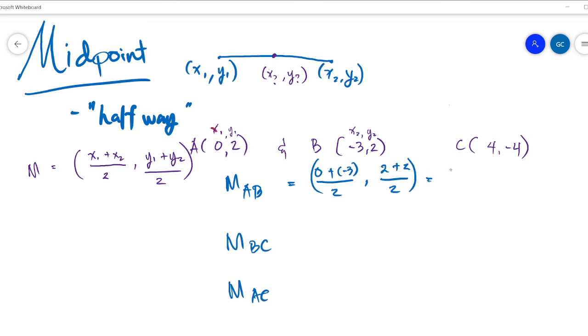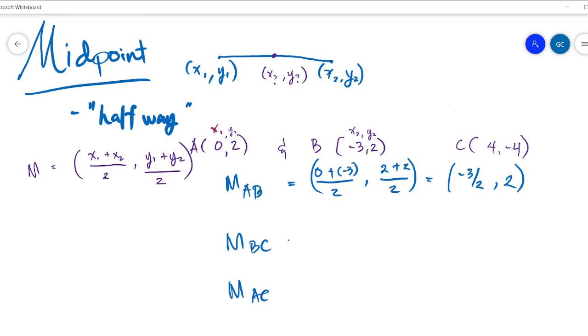That will be equal to -3 over 2, and 2 plus 2 is 4 divided by 2, we will have 2. So the ordered pair -3 over 2, 2 is the midpoint between the points A and B.